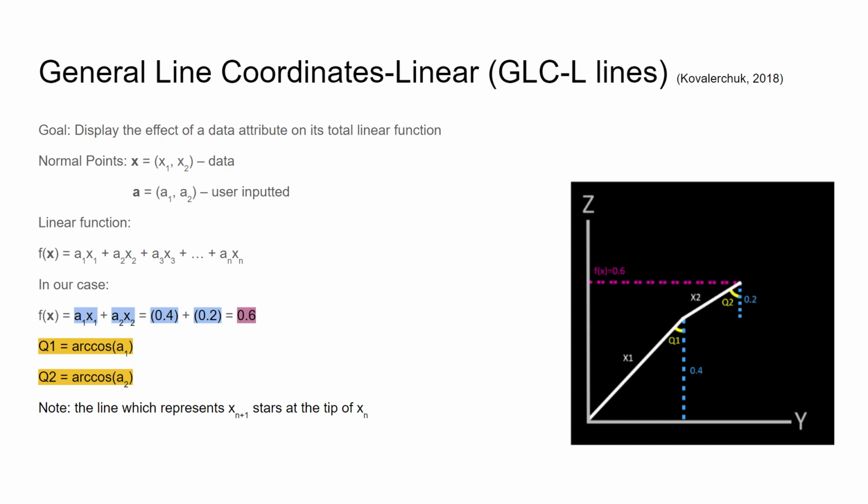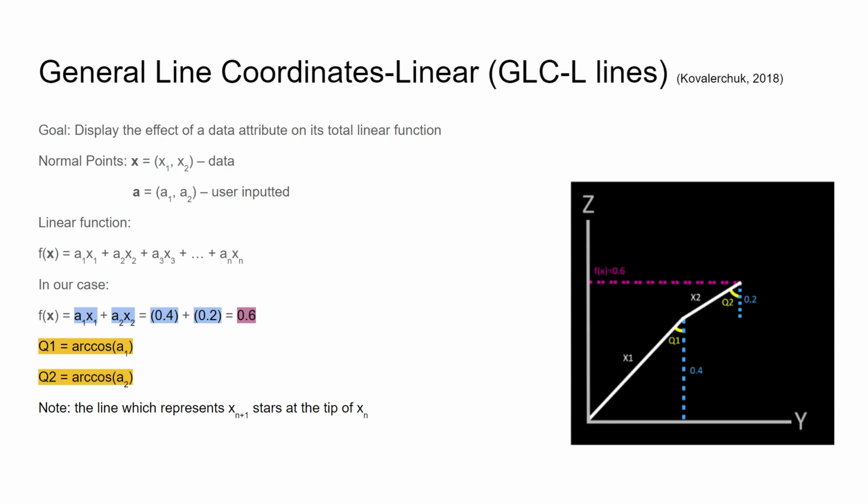We have the first point x, which is a data point, meaning it's retrieved from some file, whether it be a row from the iris dataset, the Wisconsin breast cancer dataset, or the mushroom dataset. The next point is a point called a, which has two attributes just like x, and it's a user inputted point.